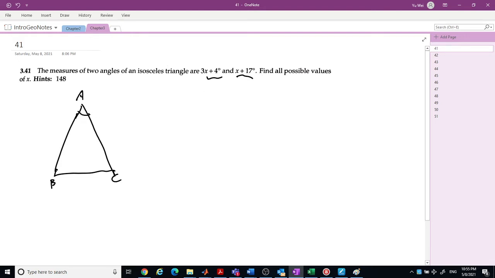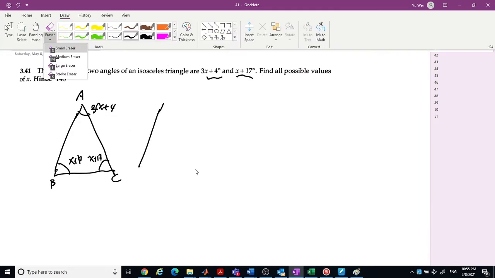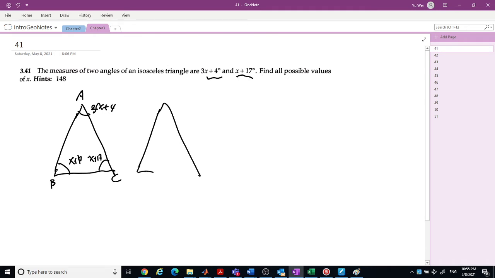The first is the vertex angle, 3x plus 4, and the base angles are x plus 17 and x plus 17. The second possibility is that x plus 17 is the vertex angle, and the two base angles are 3x plus 4.